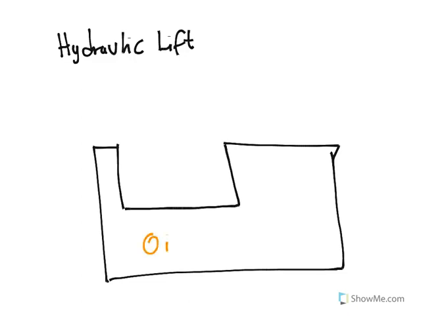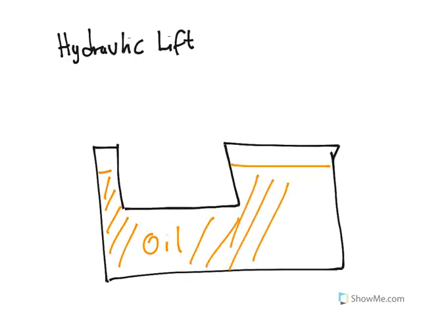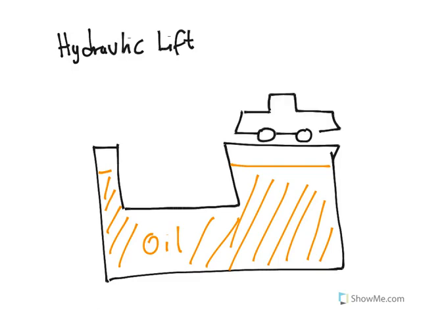Usually we have, for instance, a fluid, which could be oil, right? And in the hydraulic lift, what we want is to lift a very, very heavy object, for instance, a car, which is tons and tons and tons of force, and we want to lift it with a very, very small force.